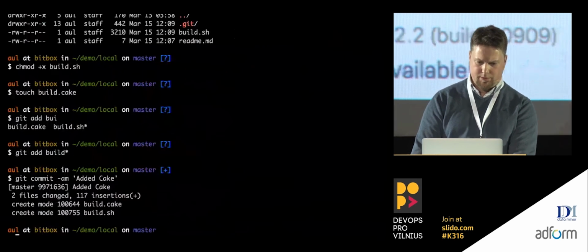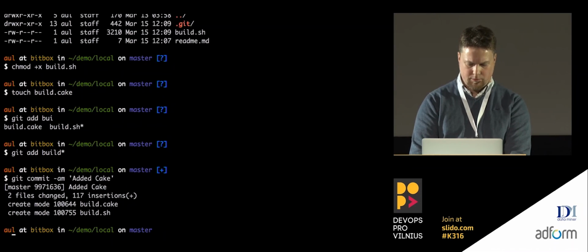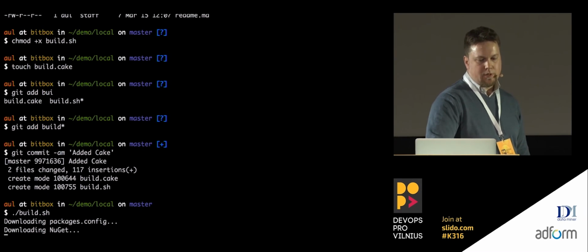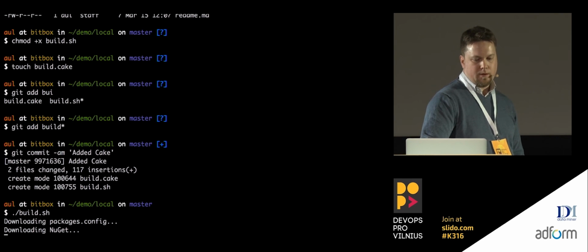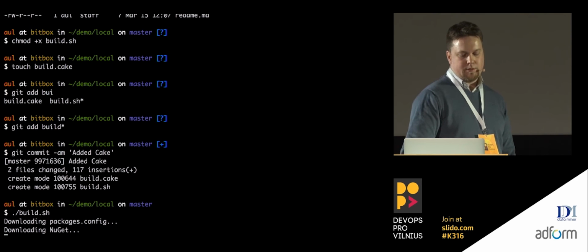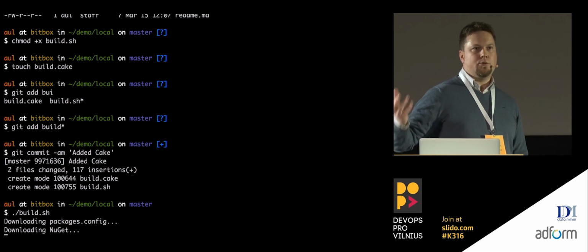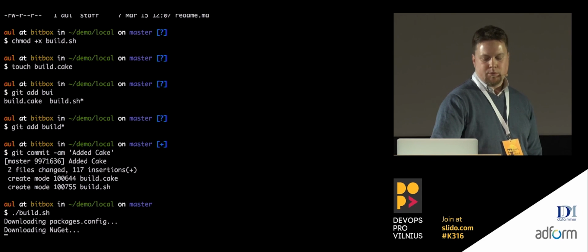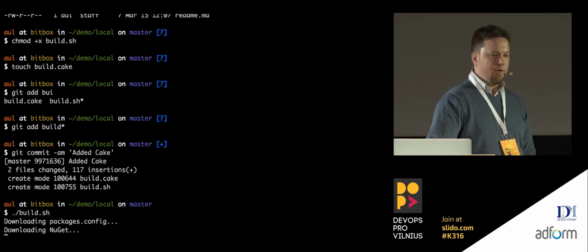It won't do anything interesting yet because it's just an empty build script, but we can run it locally and just see what happens. It's going to download a NuGet. It works cross-platform, so you should be able to run this anywhere. And when NuGet is downloaded, it's again used to download Cake, which will execute our build script.